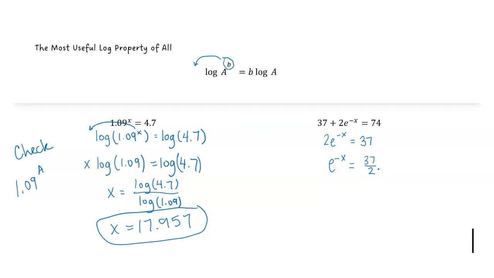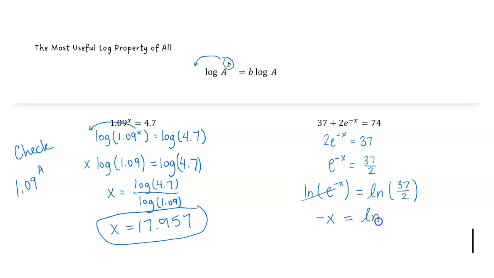Now, instead of just using any old log, this time it makes the most sense for me to do the opposite of e. So I'm going to do natural log of both sides, because I don't even need my calculator to figure out what natural log of e is. And then this becomes negative x because the natural log and the e to the power cancel out.